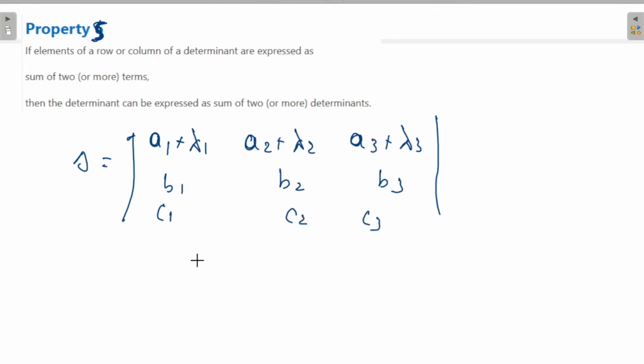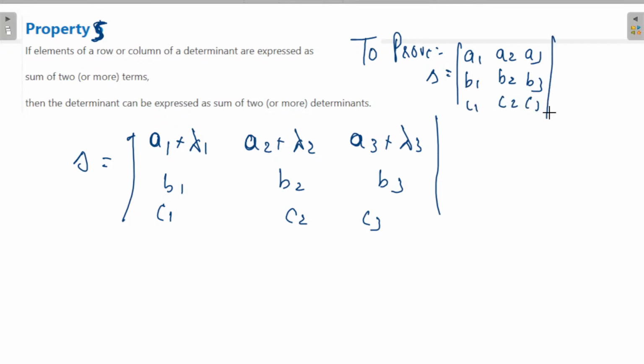Now what we have to prove is that the determinant can be expressed as the determinant with a1 a2 a3, b1 b2 b3, c1 c2 c3, plus the determinant with delta 1 delta 2 delta 3, b1 b2 b3, c1 c2 c3. This you have to prove.